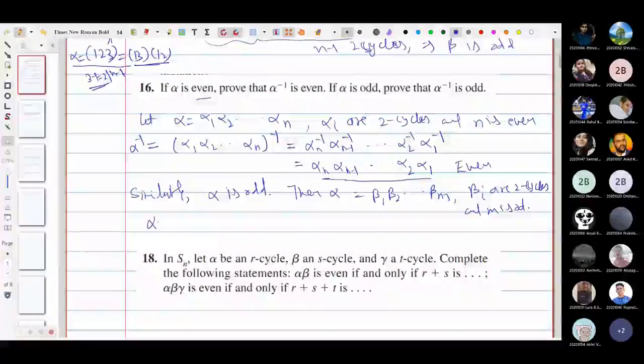So similarly alpha inverse in this case is also going to be beta m, beta m minus 1, and so on, beta 2 and beta 1. Fine. So this is the case.